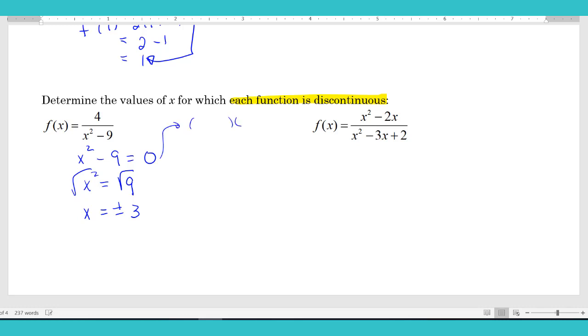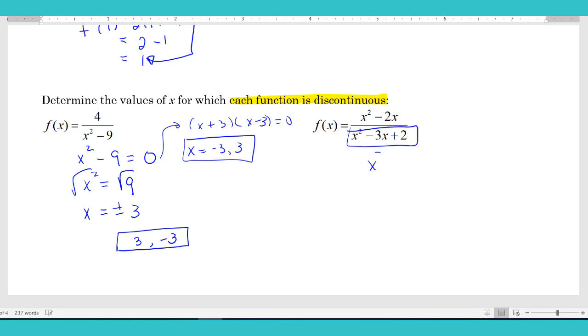If you wanted to factor it, you could do that, and you'd have x plus 3, x minus 3, and that's why you would get, again, the plus or minus. So for determine the values of x for which each function is discontinuous, plus 3 and minus 3. I believe in WebAssign it's going to ask you to make a list, comma separated, and that's how you would write that.